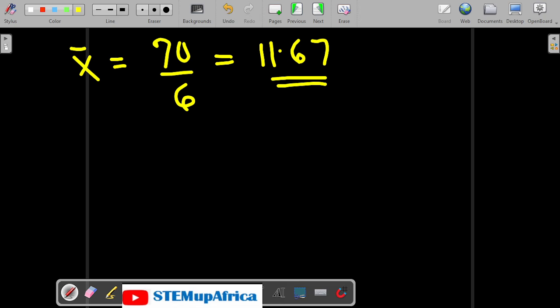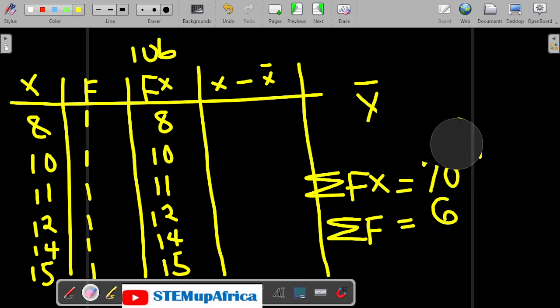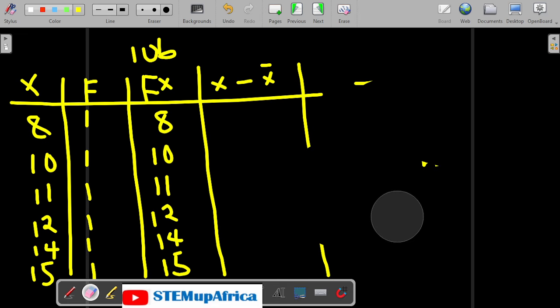Then don't forget, the question demands we calculate the mean deviation. That means we are going to have x minus x bar. So I'm moving towards finding the mean deviation now. So let's see how we can calculate the mean deviation.